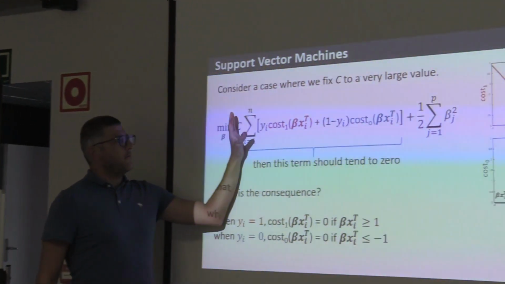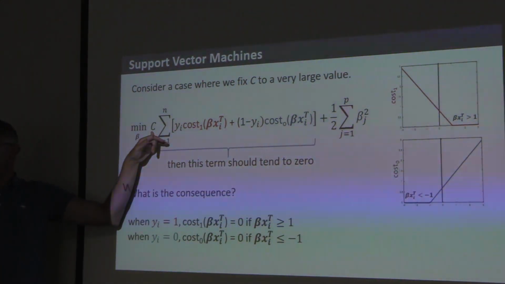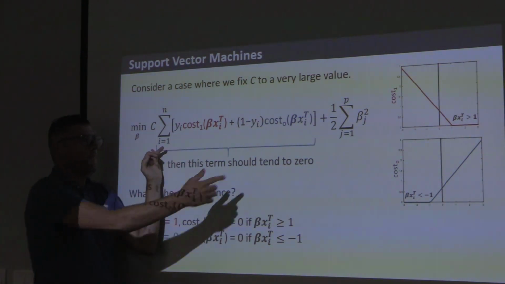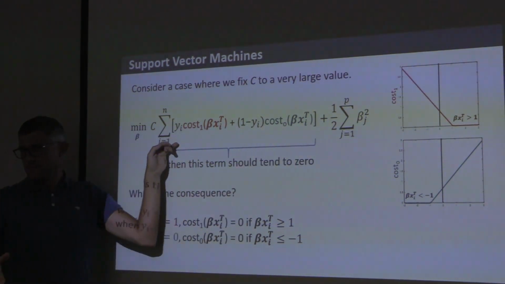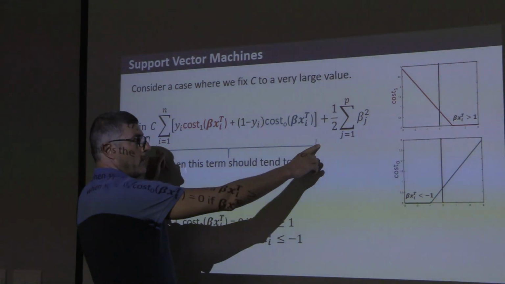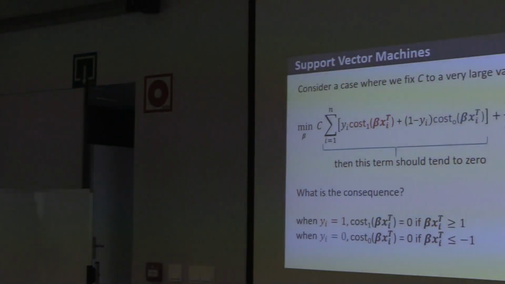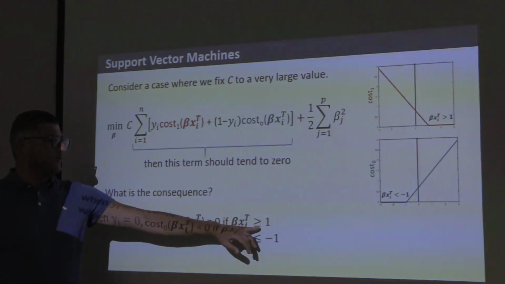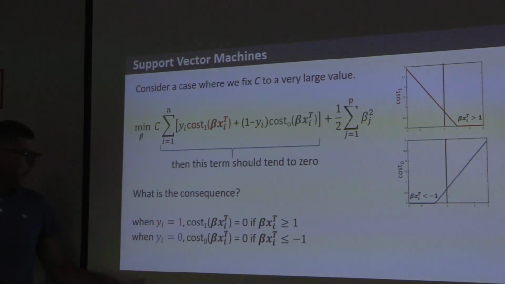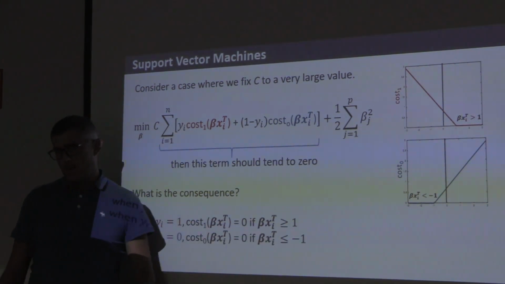We have to minimize all these functions. So if this is very, very high, this must be very low, let's say close to 0. And this is close to 0 when all red samples have a linear combination higher than 1, and all the blue samples have a linear combination lower than -1.